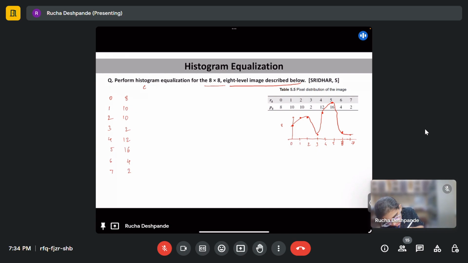Then we write the cumulative sum of the total number of pixels. Here it's 8. Then we add these two, so this will be 18. Then we have 28, 30.